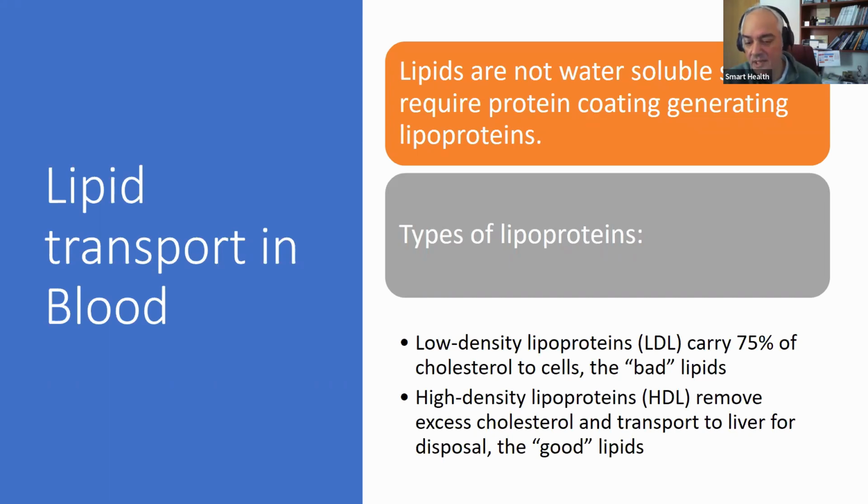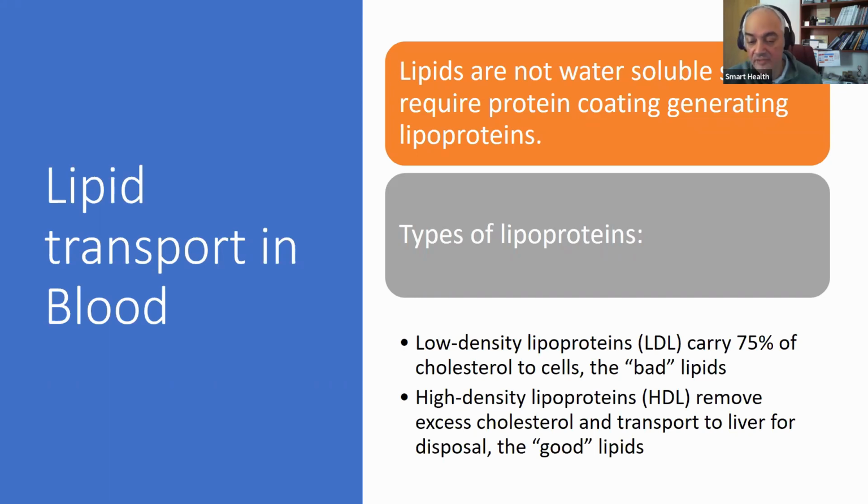These are the bad lipids because they circulate in our blood and provide cholesterol to the cells all over the body. So cholesterol is readily available from a low-density lipoprotein, and therefore high LDL means there is a bad amount of lipids.